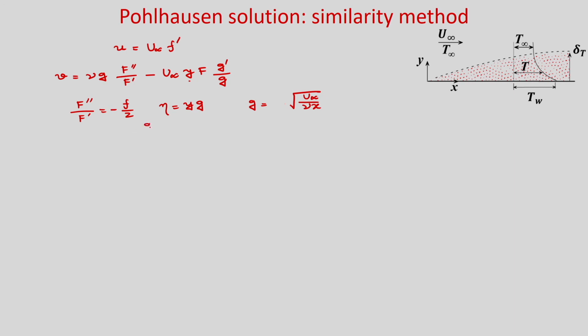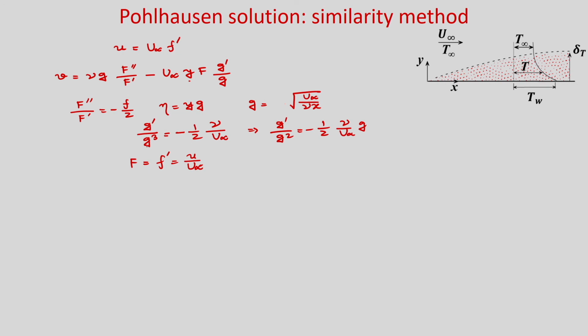And g prime by g cube, if you see the equation where we have separated the variables, that we have written as minus half nu by u_infinity, okay. So, from here we can write g prime by g square is equal to minus half nu by u_infinity times g, okay. And F, obviously you can see F is your f prime, because that is your u by u_infinity.